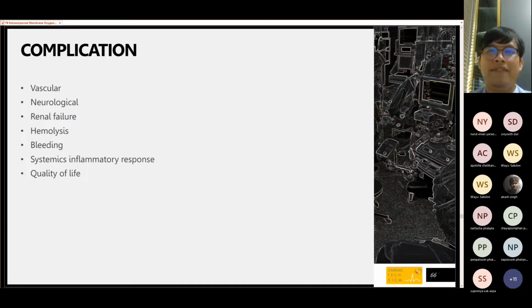So the quality of life after that needs to be a concern also. Sometimes they can't get back to normal. Sometimes they still have brain conditions. Sometimes they have renal failure. Sometimes they lose their leg.